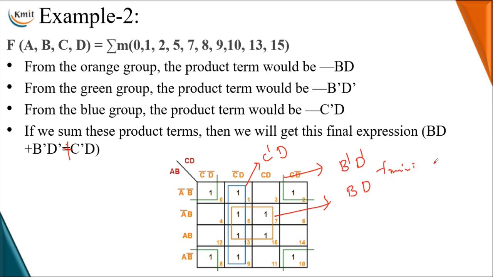F minimum is equal to BD or B bar D bar or C bar D. So like this, we have to minimize your function by checking and forming the largest possible groups.